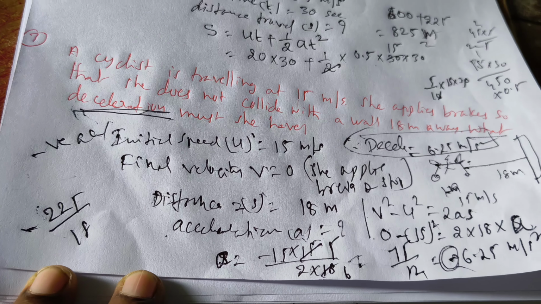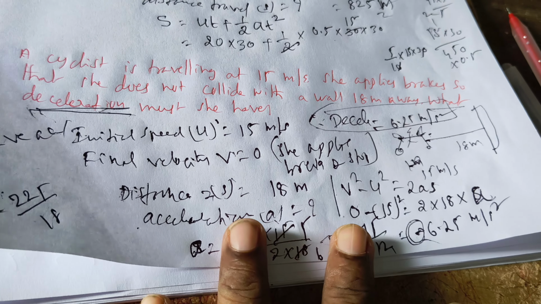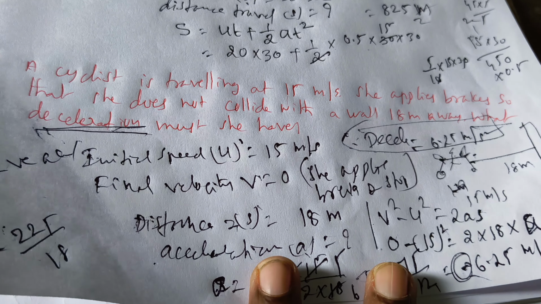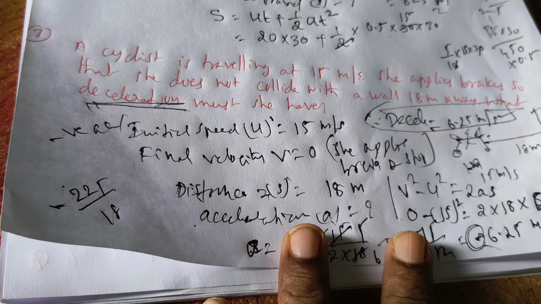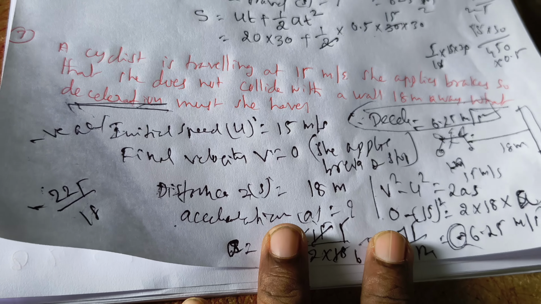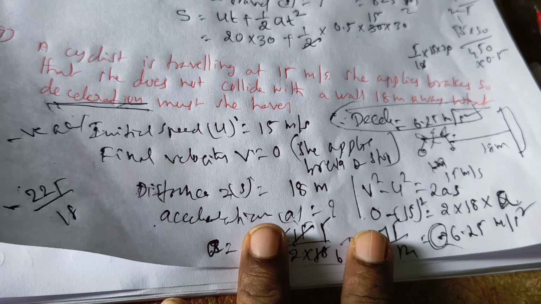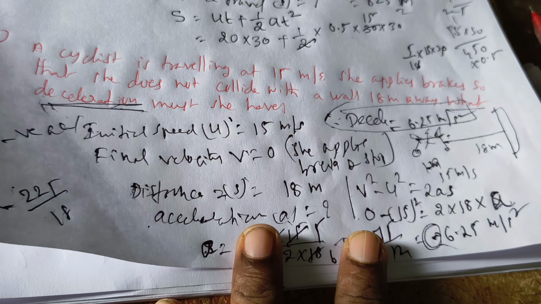That minus symbol indicates velocity is decreasing or speed is decreasing. So this is very important. If the problem asks to find retardation or deceleration or negative acceleration, in our answer no need to put the minus symbol. Otherwise, if it just asks to calculate the acceleration, we must place the plus or minus symbol.